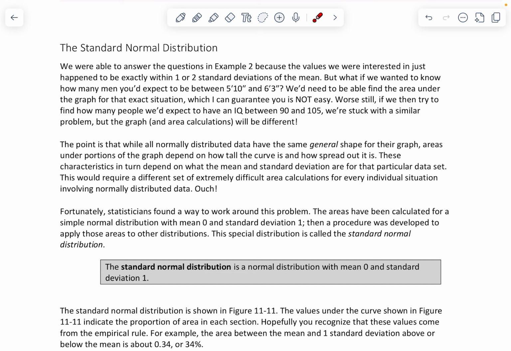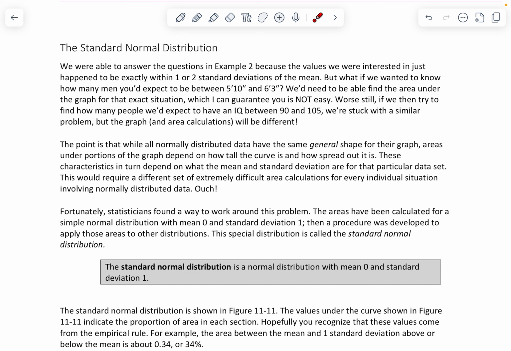So it's pretty much impossible to have a method for finding an area under every possible normal curve, right? So we're stuck with a similar problem with the graph, and area calculations will be different for every curve, right? So the point here is that while all normally distributed data have the same general shape for their graph, areas under portions of the graph depend on how tall the curve is and how spread out it is.